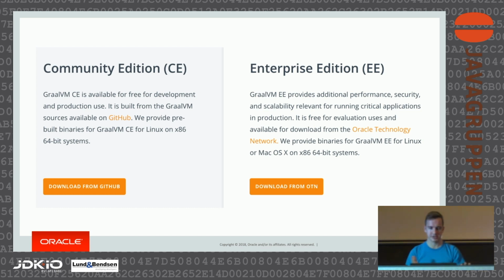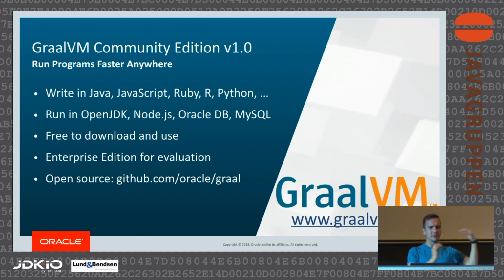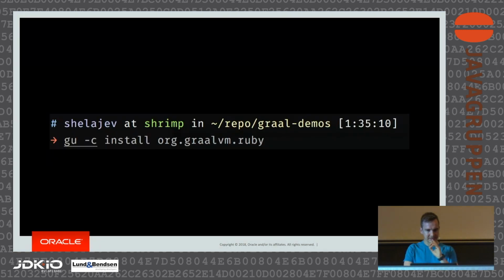So if you would like to then continue with getting more performance boost, you can look into maybe figuring out how to get the enterprise edition. The community edition includes all the same things, and it is functionally equivalent to the enterprise edition, right? It can run all the same languages, it can run on all the same platforms, and it's available out there. So let's see what the next slide is.